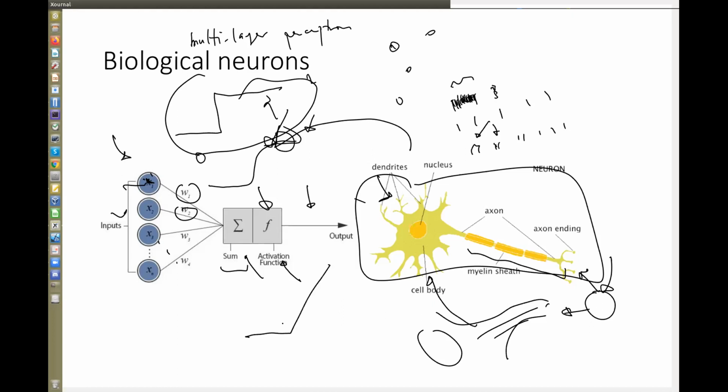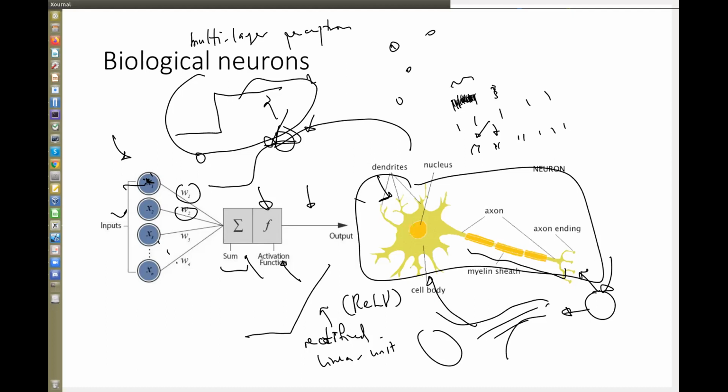For example, a semi-linear function that they call the rectified linear unit. How to spell that? Rectified linear unit, or short for just ReLU.